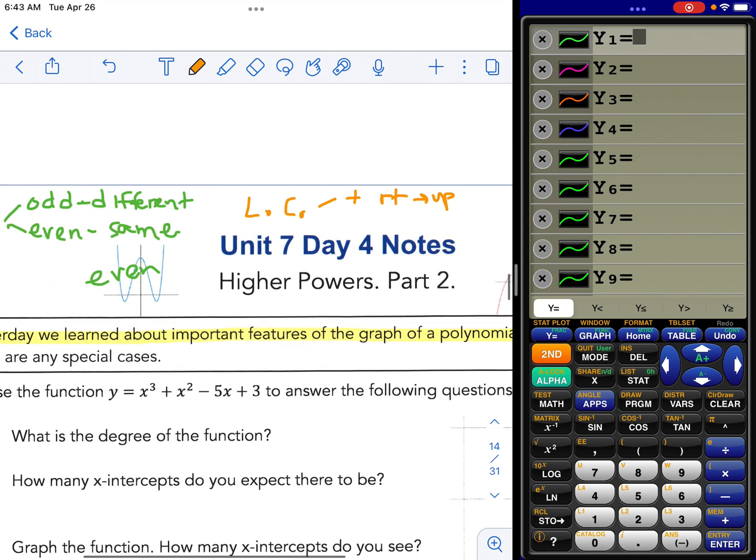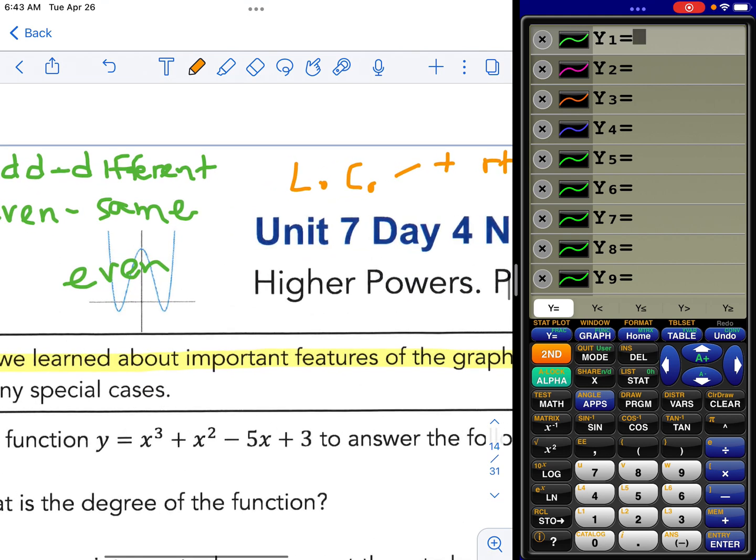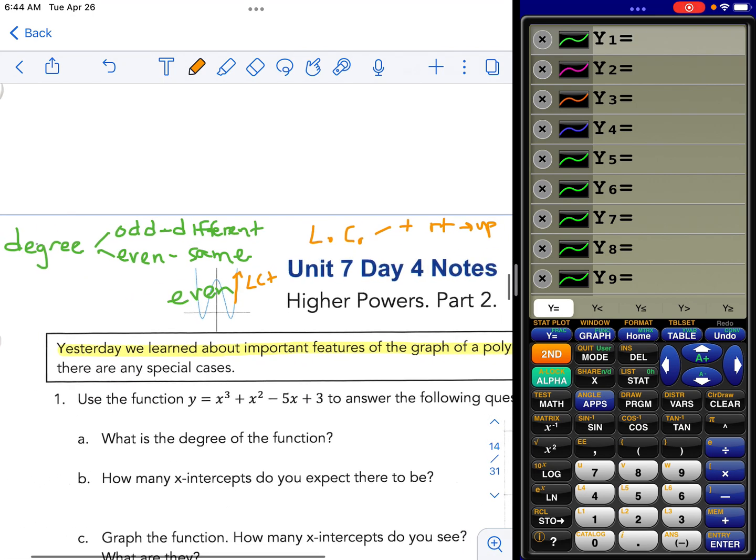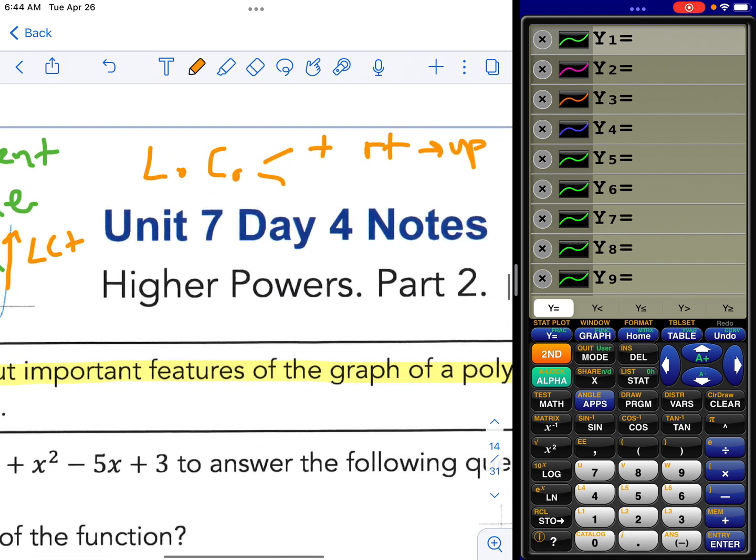So if we know the leading coefficient is positive, that means the right goes up. Like this down here, this leading coefficient must be positive because the right side goes up. Then we can go back to the odd and even scenario and determine what happens to the left side. And then conversely, if the leading coefficient is negative, then the right side goes down.